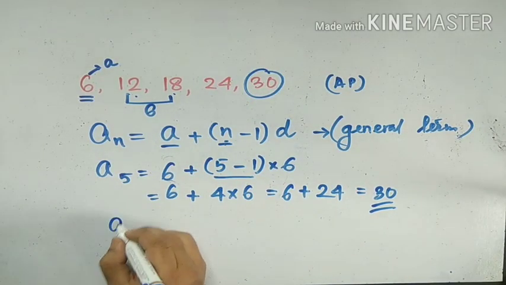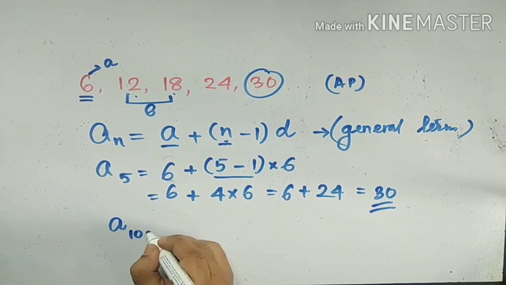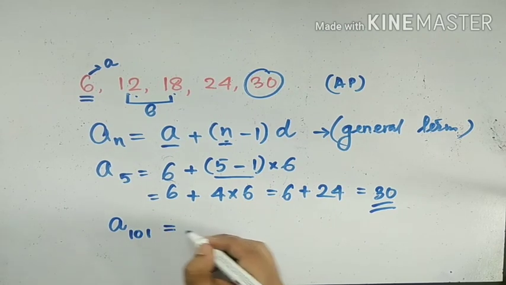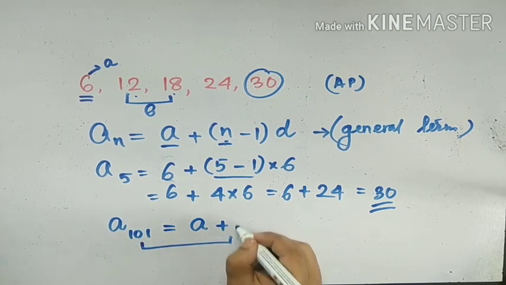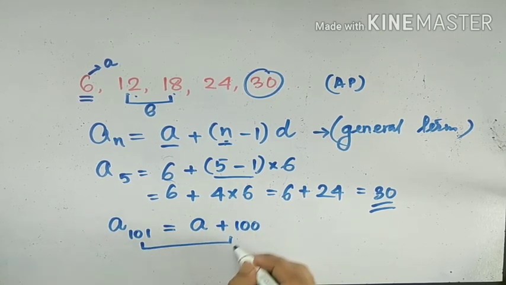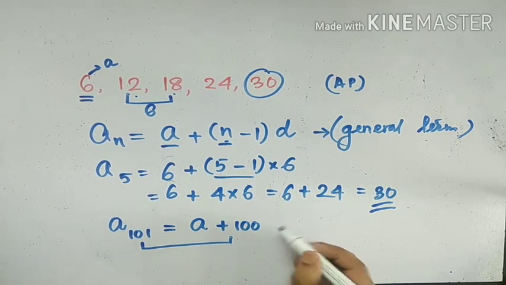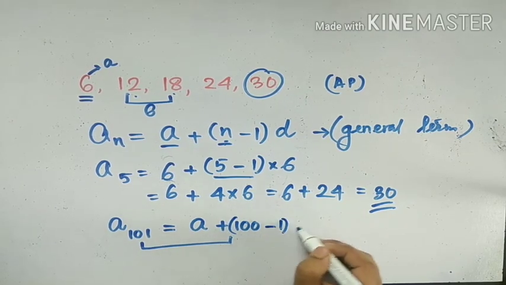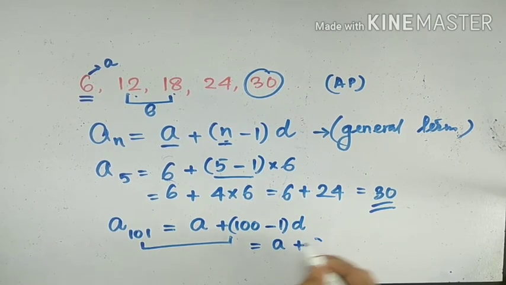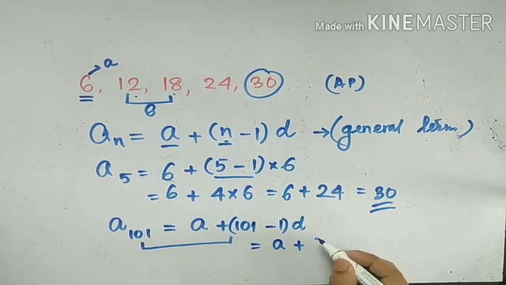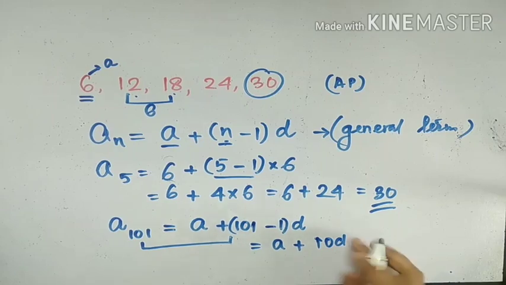Suppose we need to find the 101st term. Suppose this is A101. So it will be A plus, since here it is 101, you have to write 100. That means 101 minus 1 into D, that means 100D.